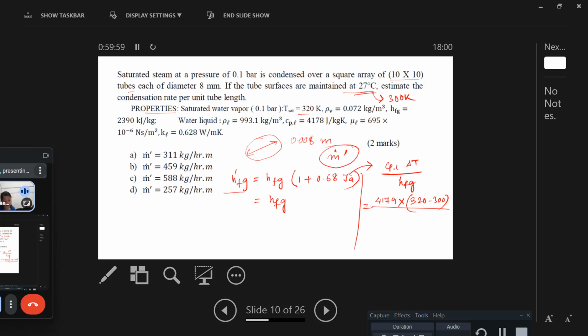And h_fg is 2390 into 10 power 3. So 4179 into 20, whole divided by 2390 into 10 cube.